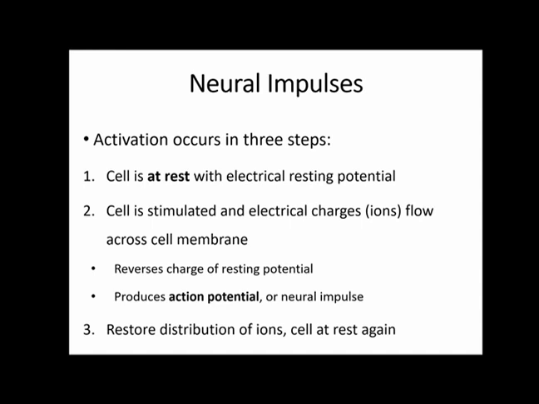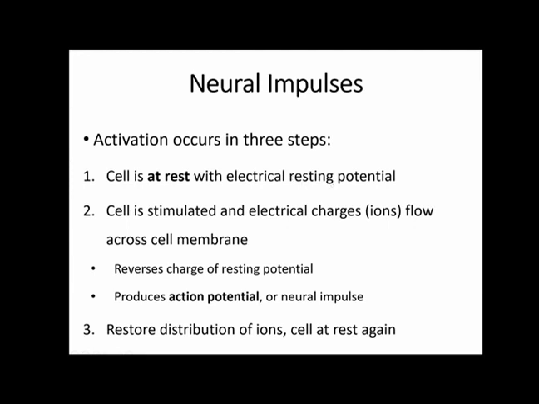And if you know anything about ions and charges, those ions would much rather be spread out evenly so that there's no difference in charge anywhere. So by having a different charge inside and outside the cell, we've created this tension, this electrical potential for energy, but it's resting because we're not allowing it to move.